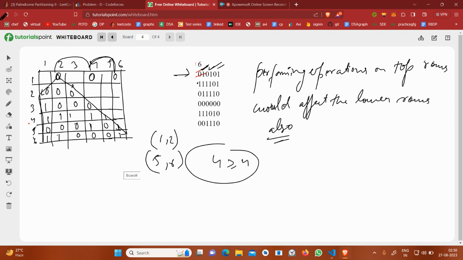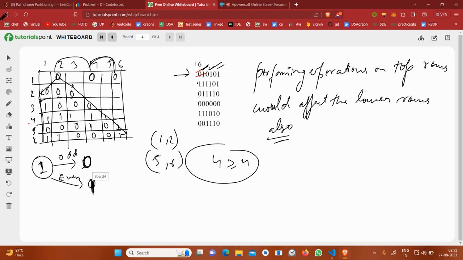The only thing required is to check the parity of the cells, because suppose the value was 1, and now I applied three operations on it, again it will become 1. Sorry, it would become 0.